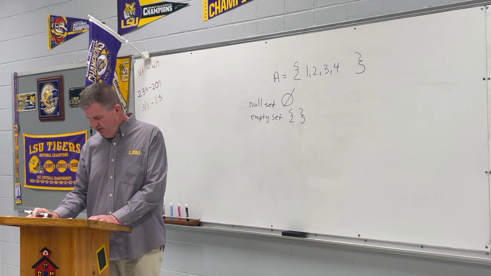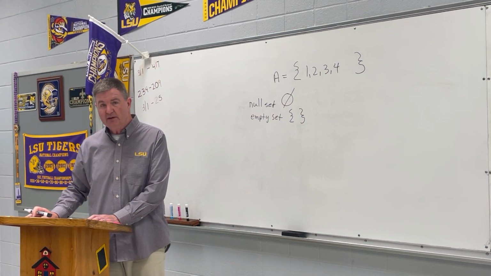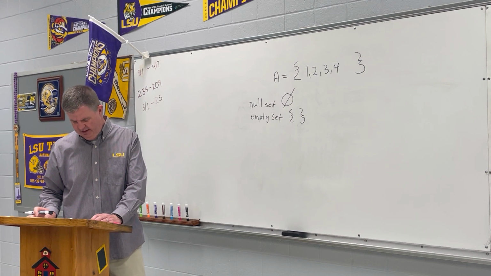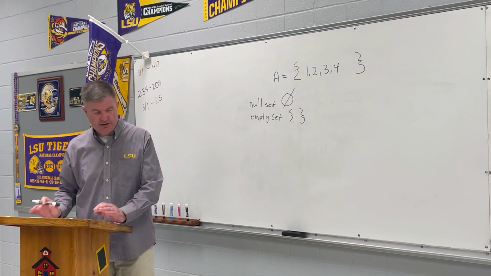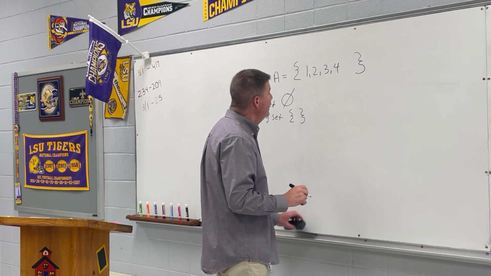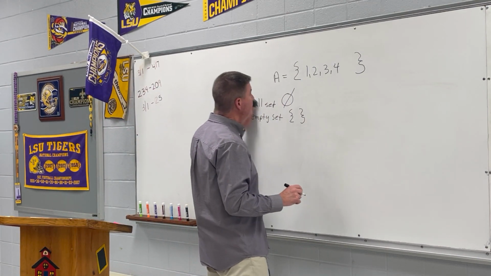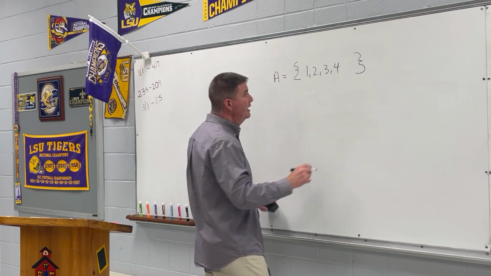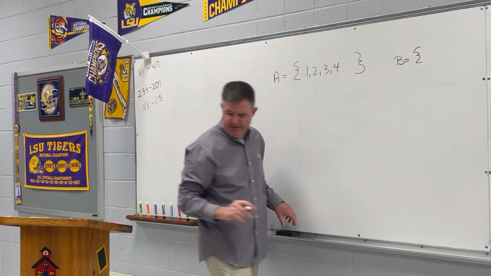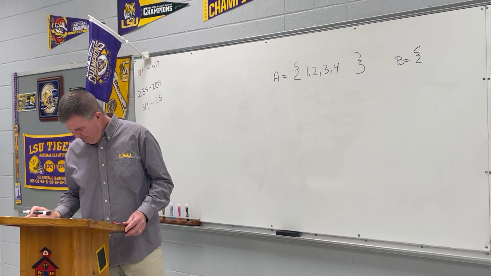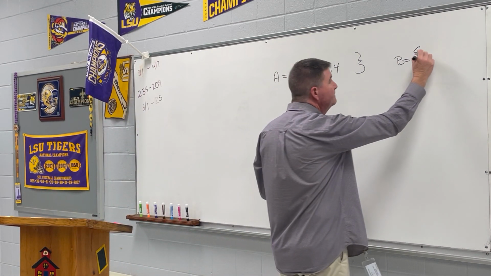If we want to look at two sets and the combination of them, we have something called a union or an intersection. Suppose I have set A, which is this one here, between 1 and 4, and suppose I have set B, and in set B, we're going to have 3, 4, 5, and 6.